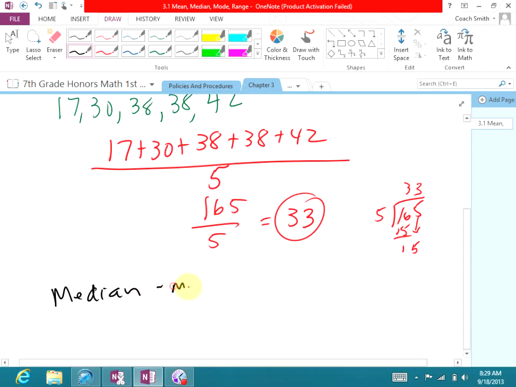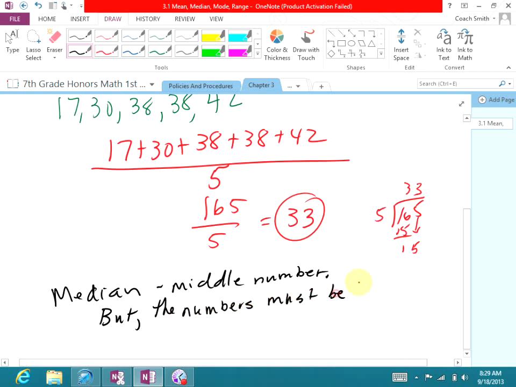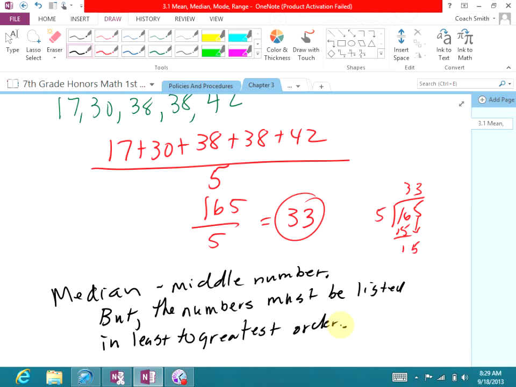The median is the middle number, but the numbers must be listed in least to greatest order. Before you can figure out the median, the numbers must be listed in least to greatest order.